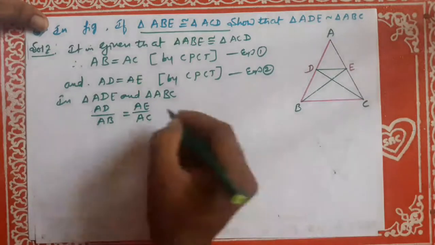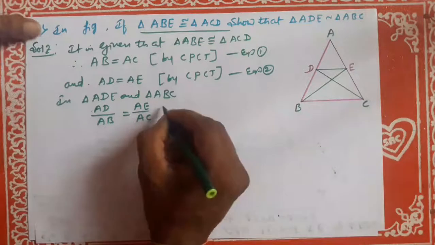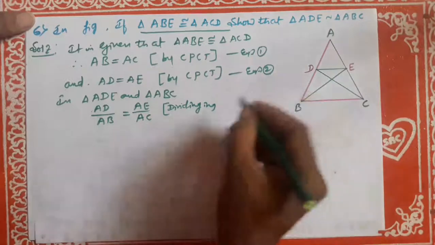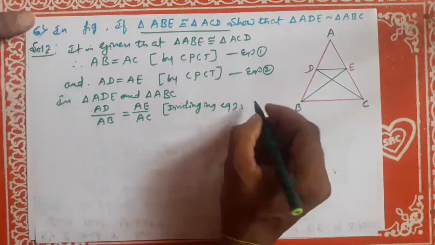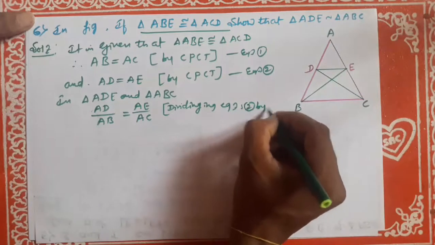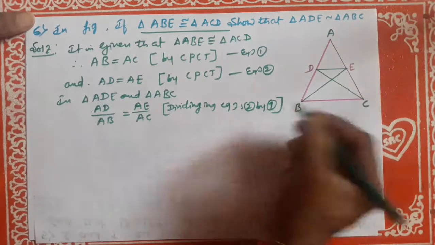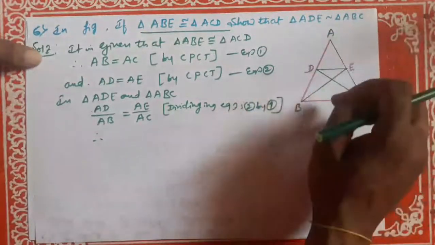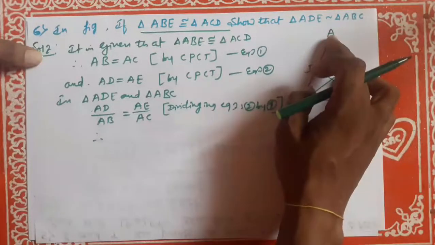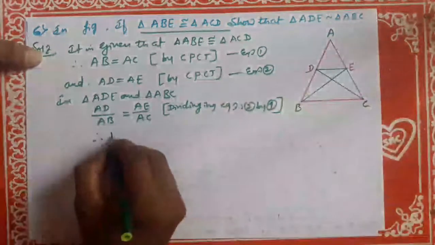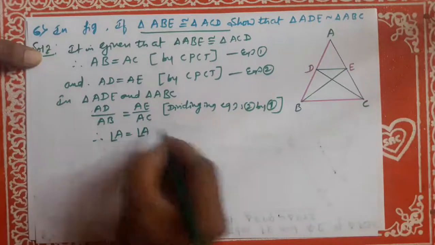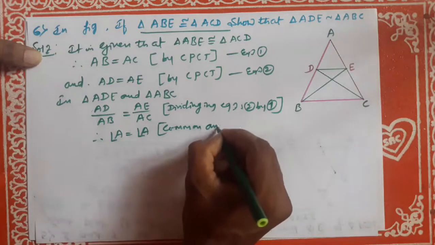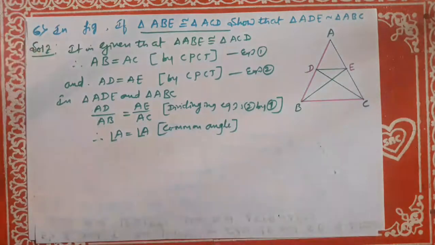Dividing equation 2 by 1. Therefore, for both triangles, angle A is equal to angle A, the common angle.